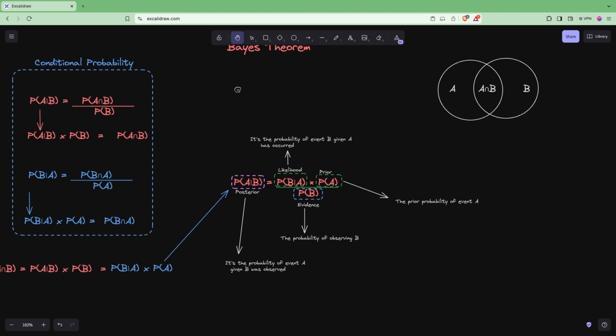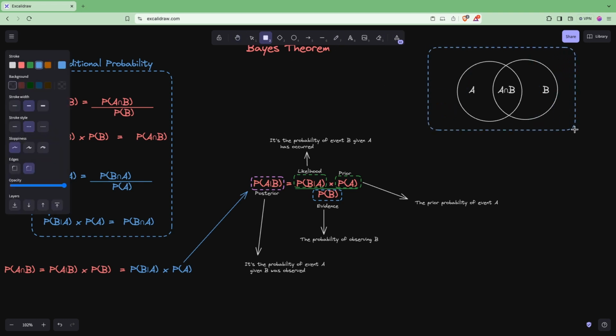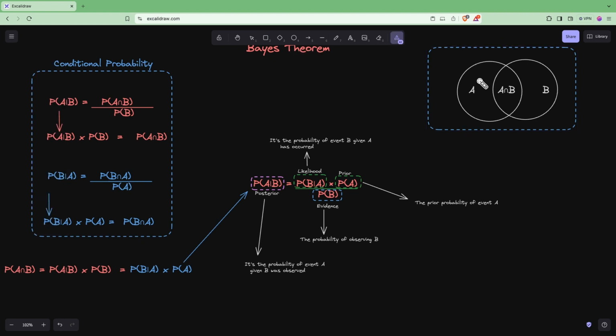Okay. So our main objective here is that we have a sample space like this, and we have two events, event A and event B. Now what we want is the probability of event A given that B has already occurred, and we can get the conditional probability like this: the probability of A intersection B, the probability of this intersection here, divided by the probability of B. As we know, when an event occurs, suppose that B has occurred, then the sample space reduces from the whole sample space to this.